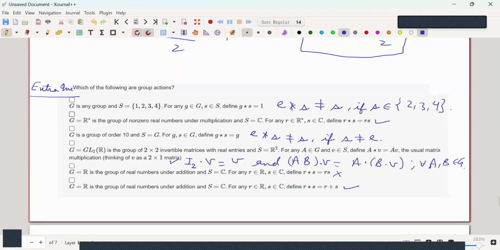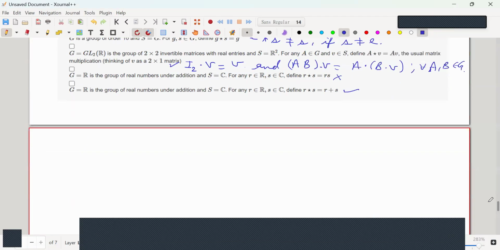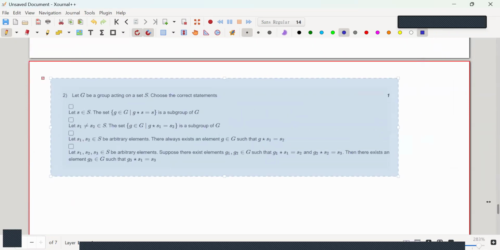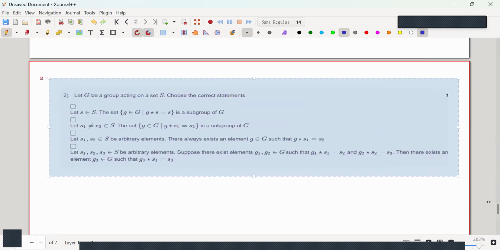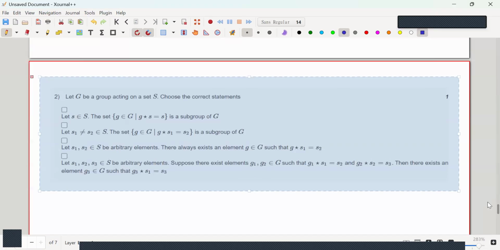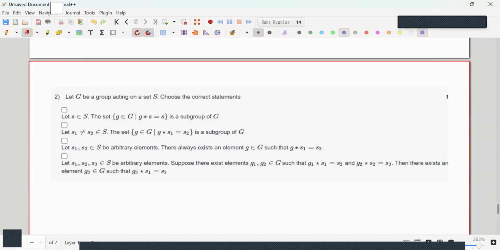The second part has something interesting. So G is acting on the set S. One has to choose the correct statements.